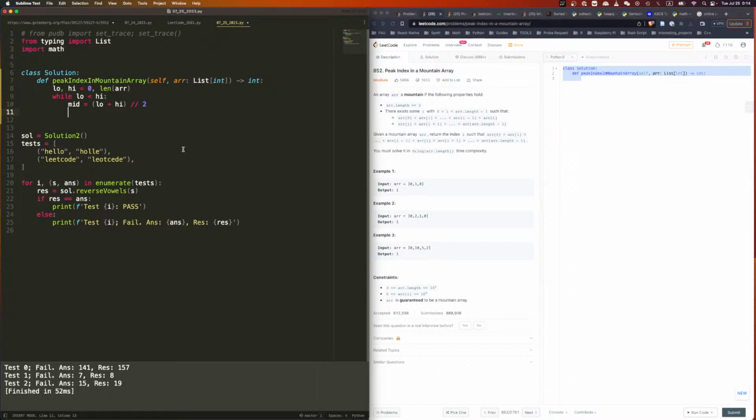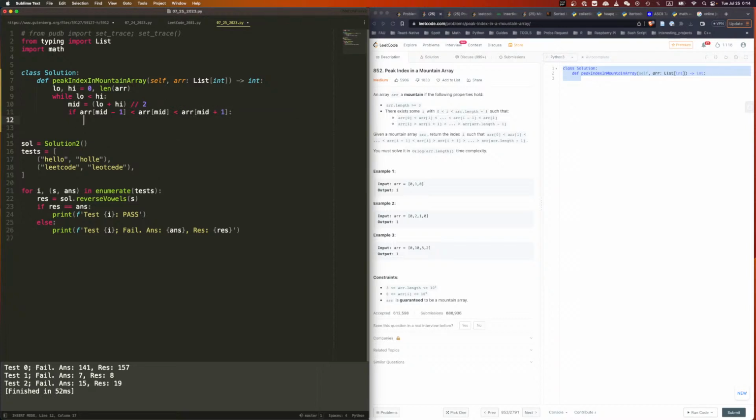So what I need to check is array mid - 1. If array mid is smaller than array mid + 1, that means we're on the left hand side, so we need to move to the right. So low shall equal mid + 1.